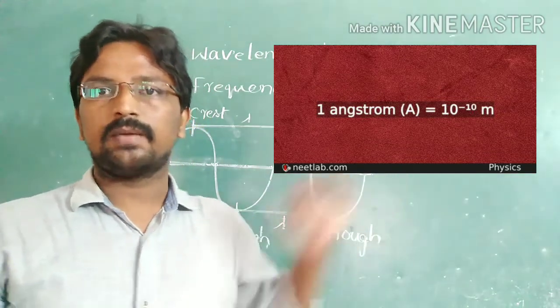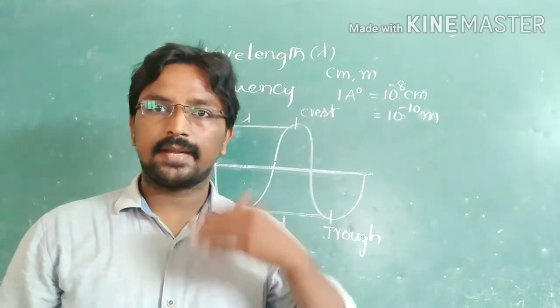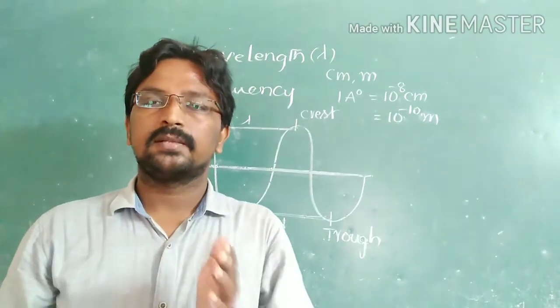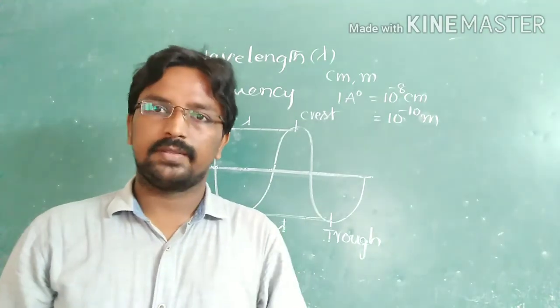Right? This is about the wavelength: the distance between two successive crests or two successive troughs.